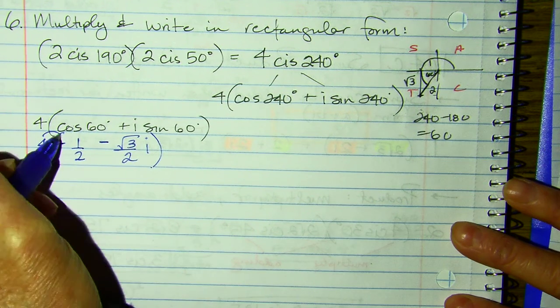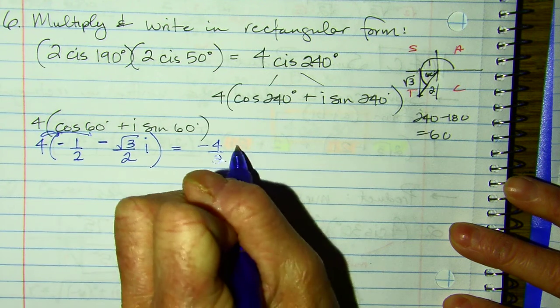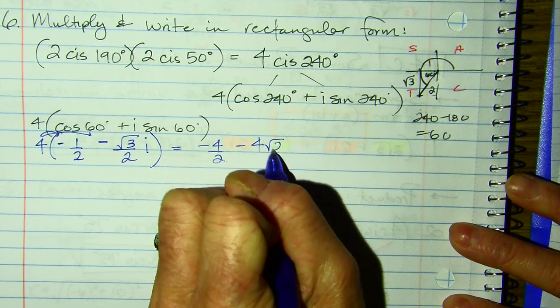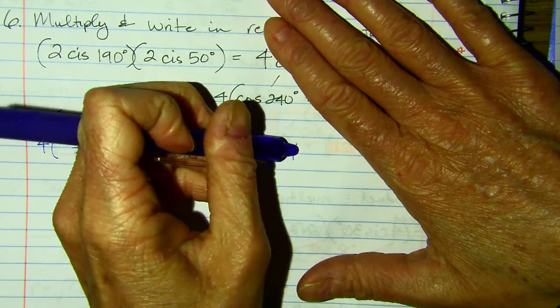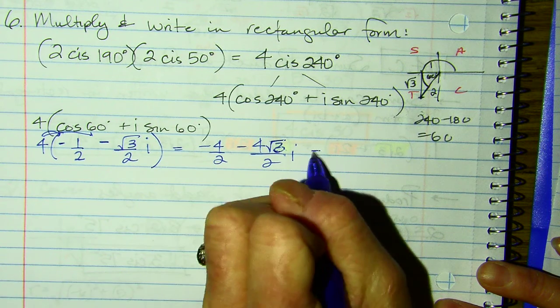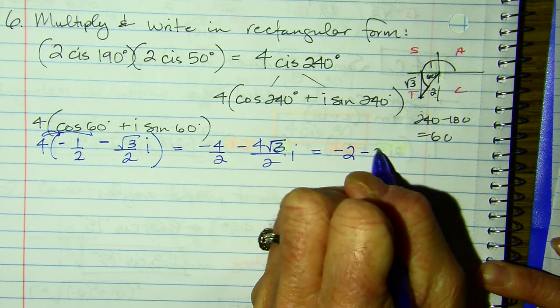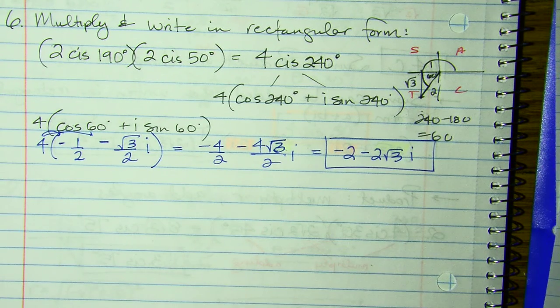Then I'm going to distribute 4, and so I get negative 4 over 2 minus 4 root 3 over 2. This should be root 3, not root 2. So my final answer is negative 2 minus 2 root 3 i. Phew.